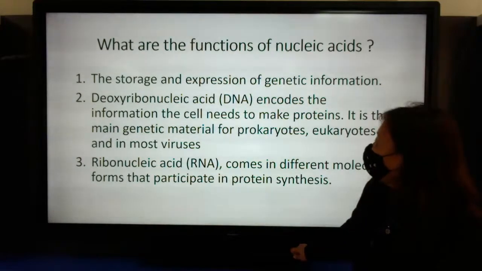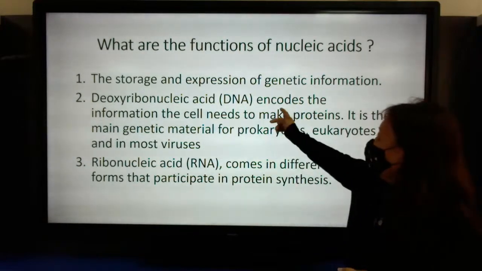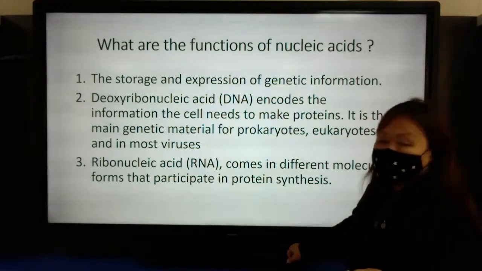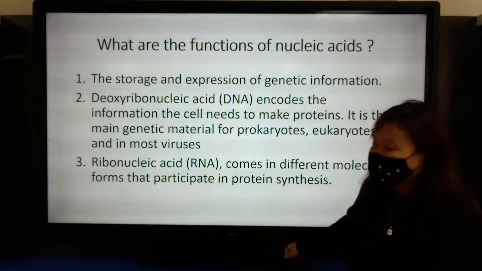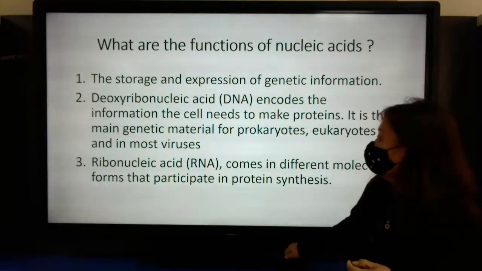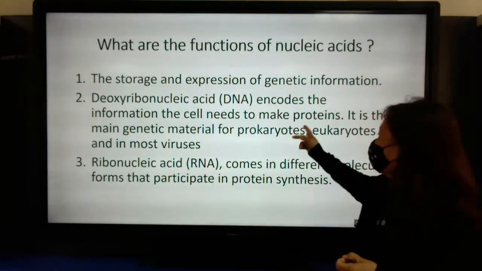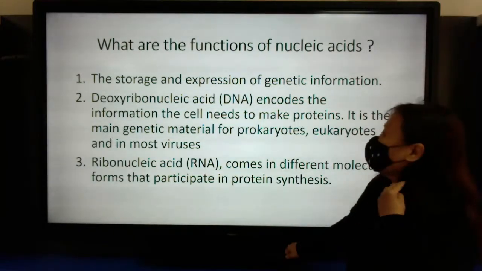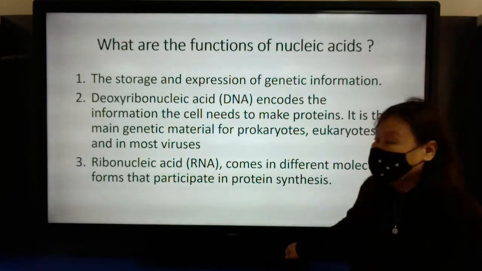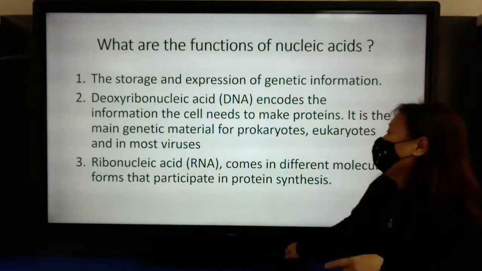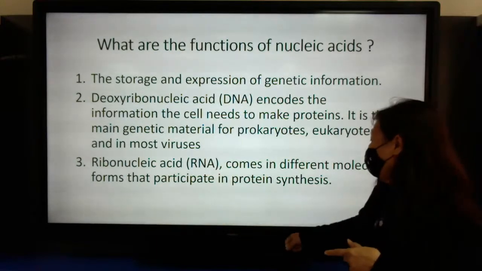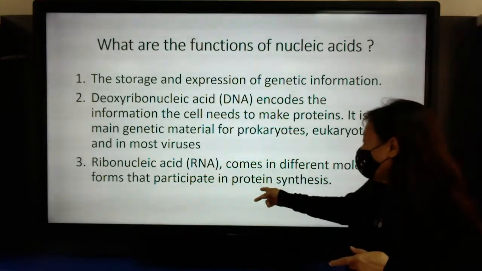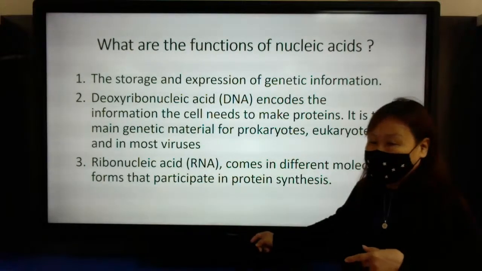Okay. Number two, it encodes the information. This is for DNA. It encodes the information the cell needs to make proteins. So basically, the one that keeps all the information is the DNA, okay? And the one that does the protein synthesis is the RNA.